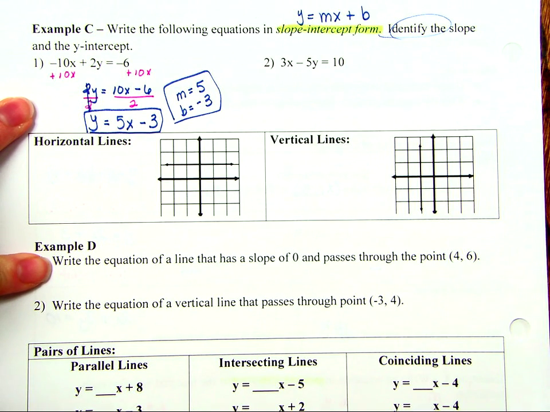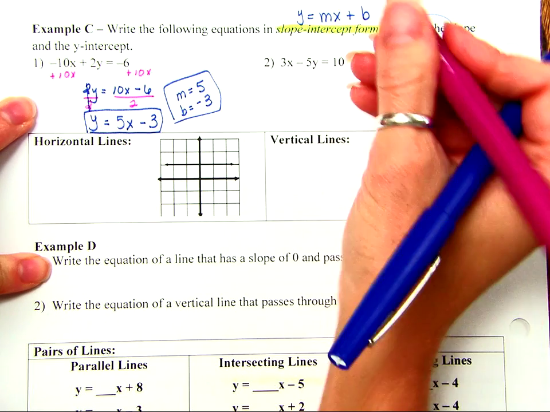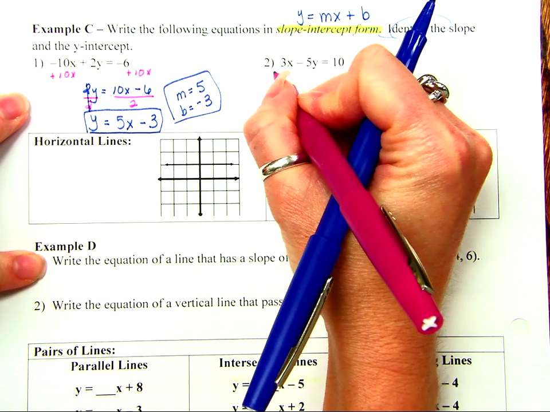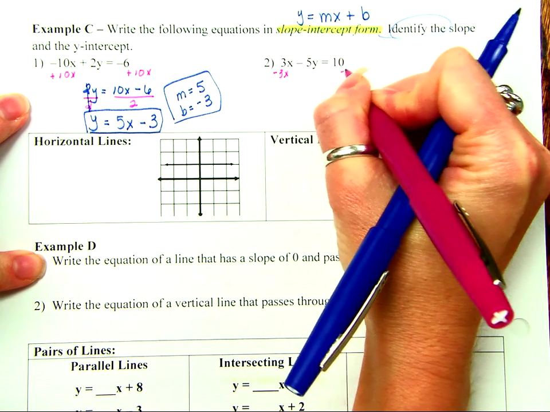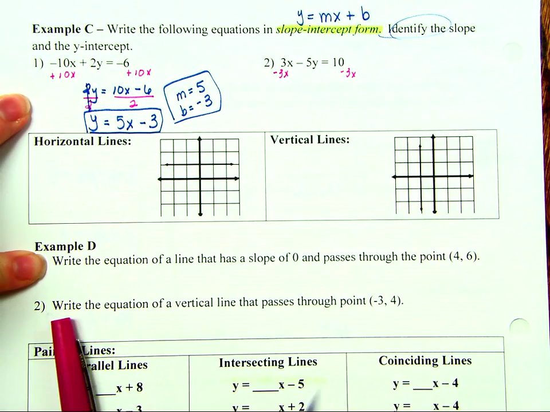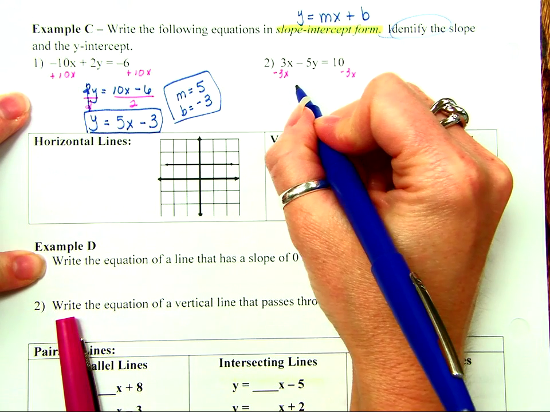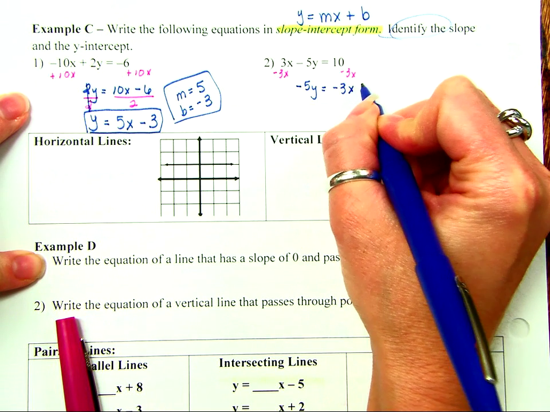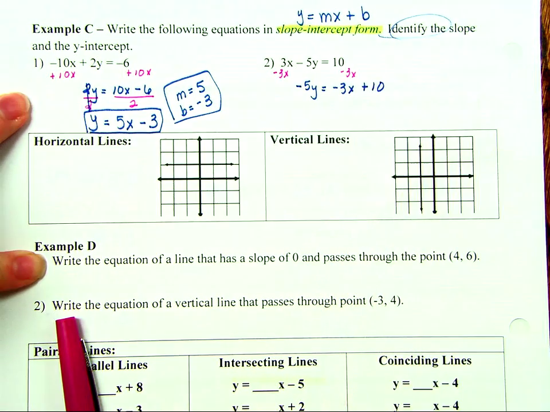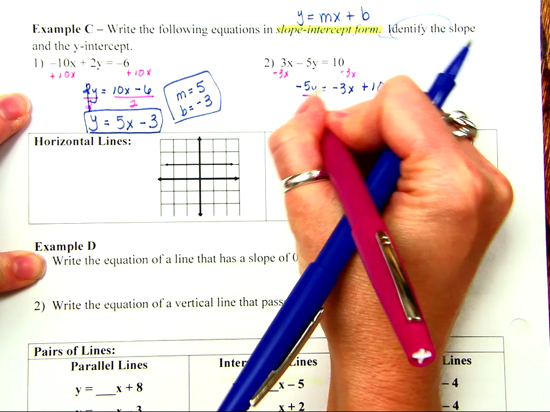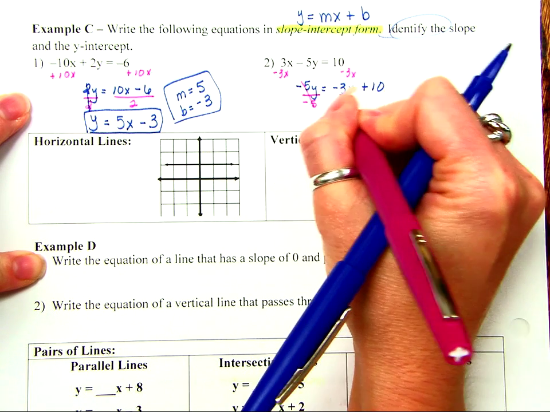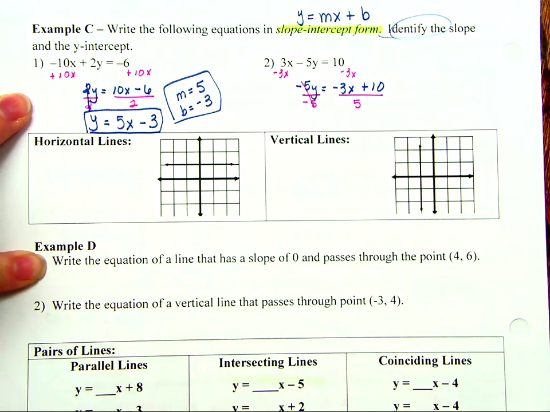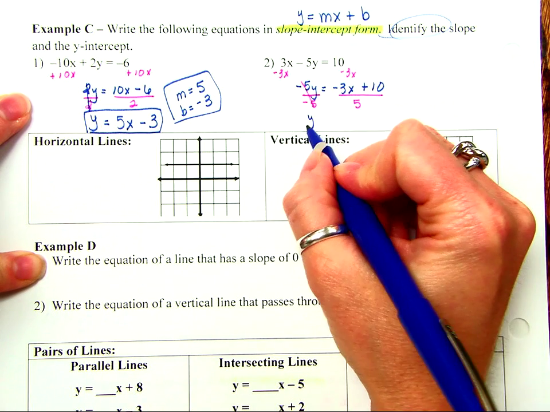Number 2 is similar. I need to solve for y, but in this case, I'm going to start by subtracting 3x from both sides. And I find out I have negative 5y equal to negative 3x plus 10. I will now divide by negative 5. I need to divide everything by negative 5.